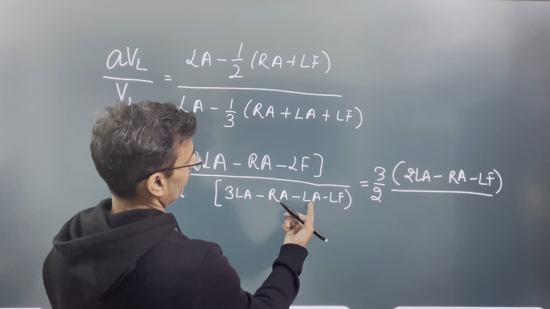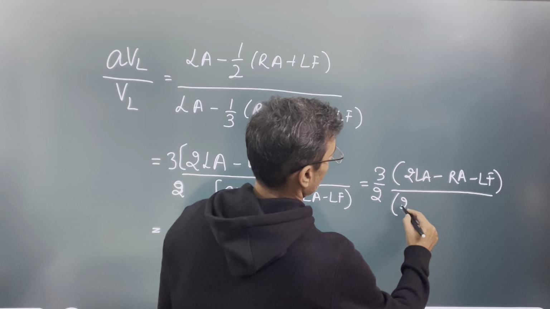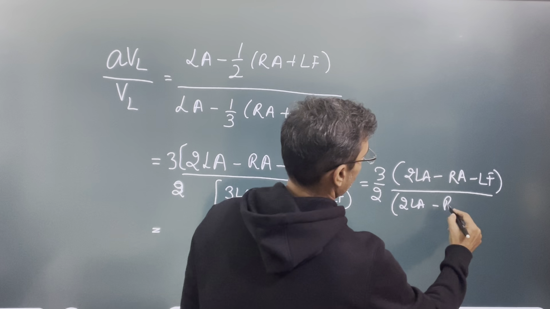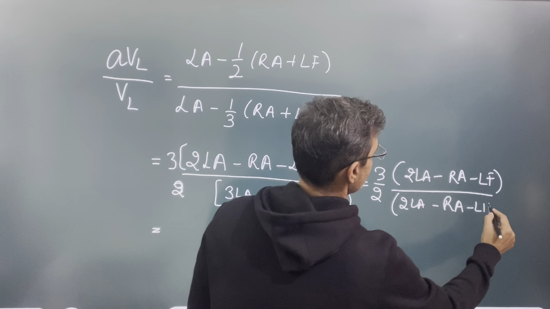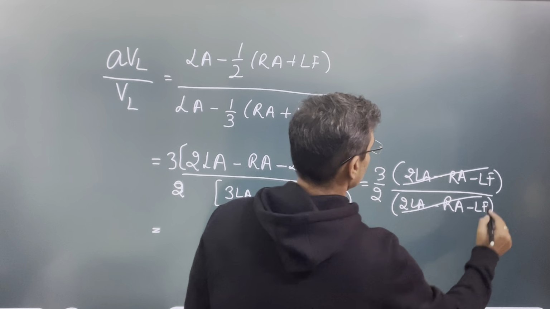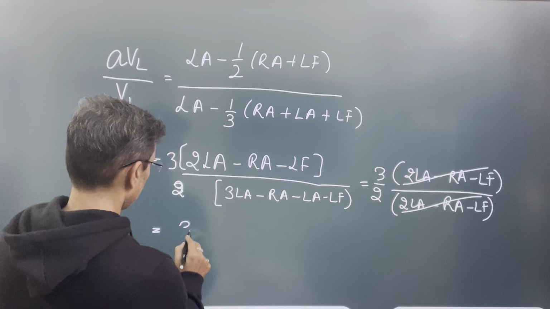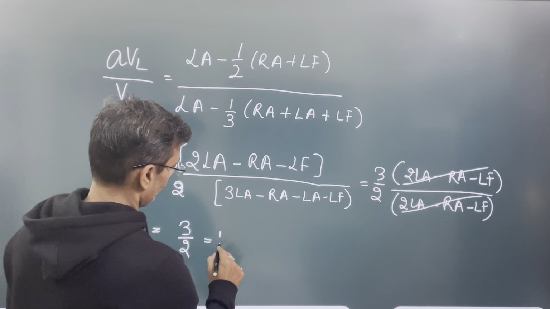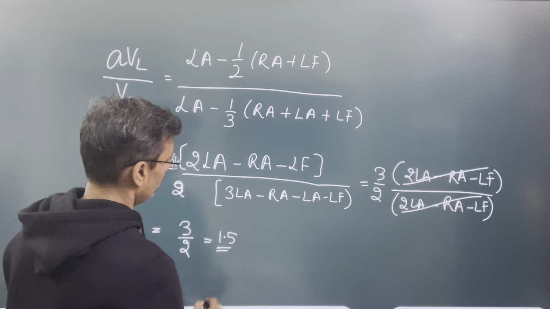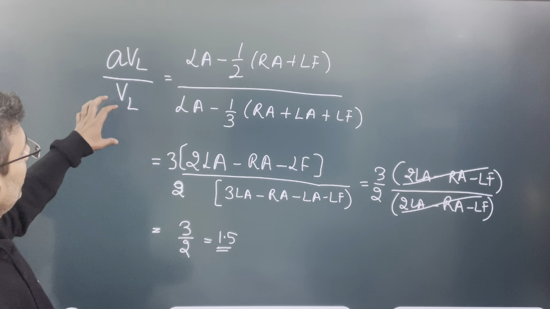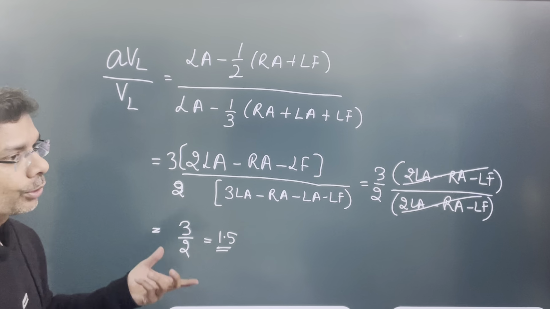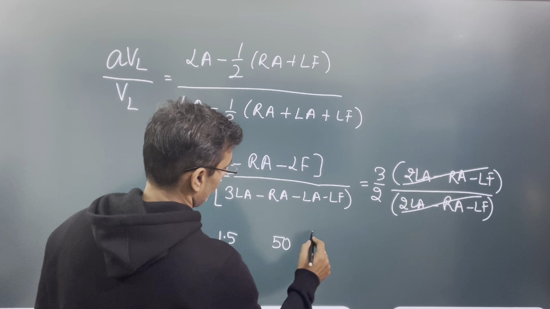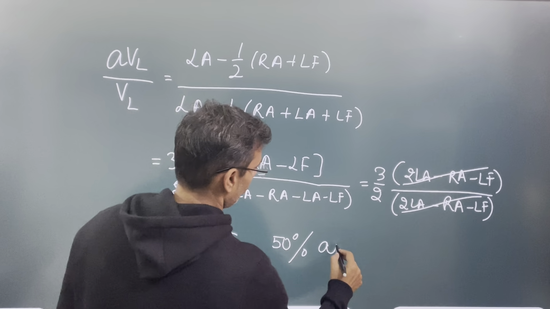Here 3LA minus 1LA is equal to 2LA, and minus RA minus LF. So both expressions cancel, and what remains is 3 by 2, that is 1.5. So AVL is 1.5 times VL. 1.5 means it's about 50% augmentation.